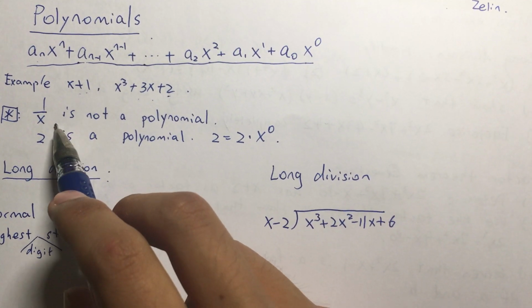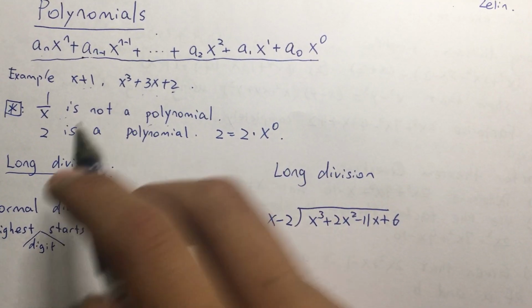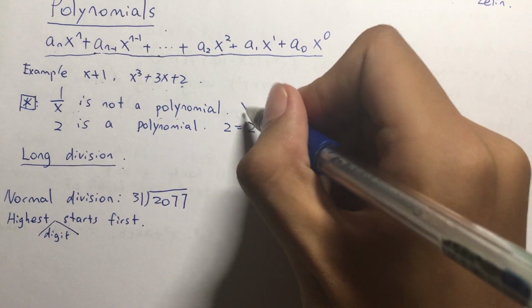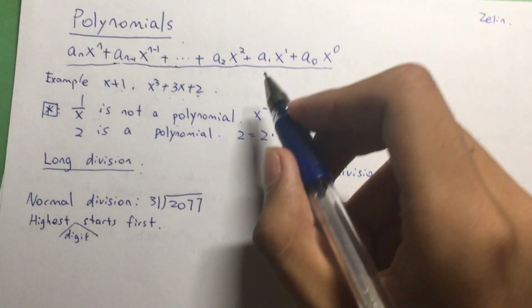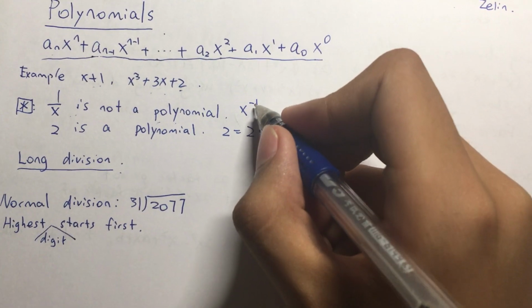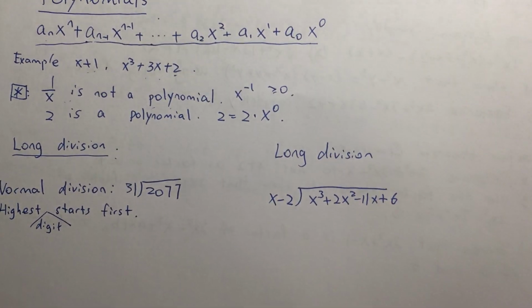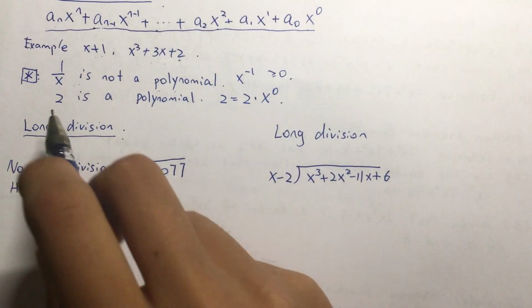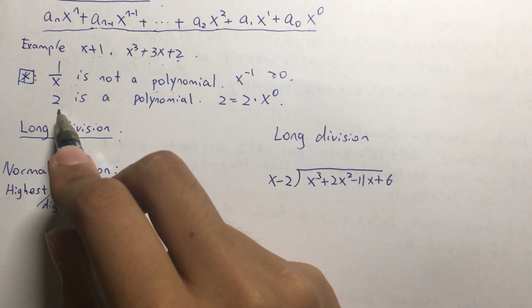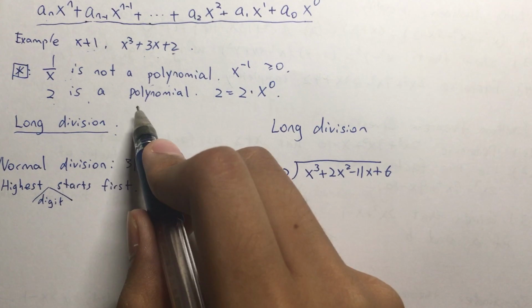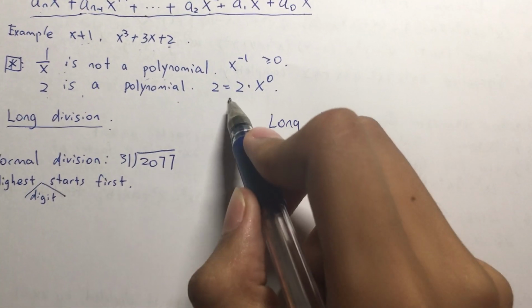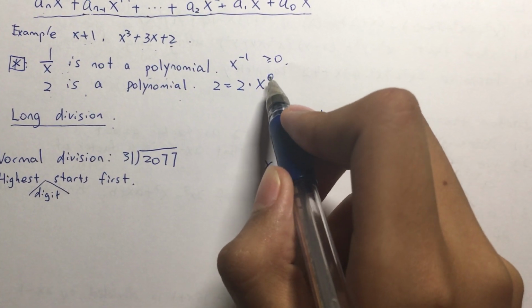However, 1 over x is not a polynomial because 1 over x is x to the power of negative 1, and the powers of polynomials have to be greater than or equal to 0. So that means the number 2 can be seen as a polynomial because 2 equals 2 times x to the power of 0.